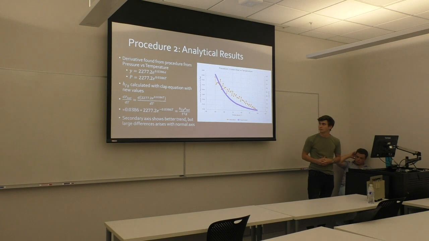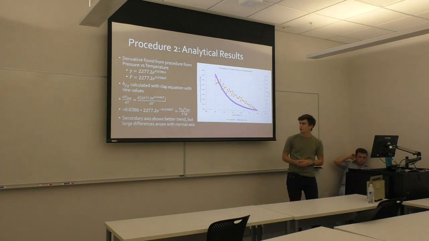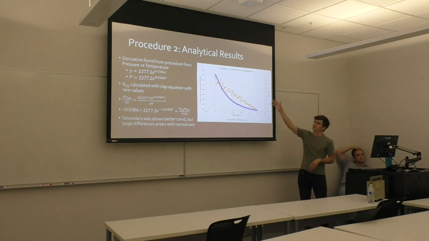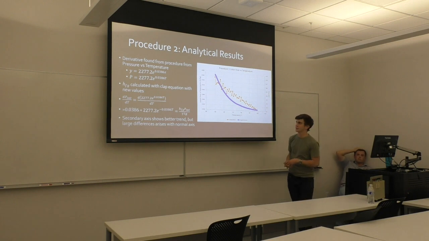Then the latent heat of vaporization was calculated with the Clapeyron equation again, using these new values. Using that in Excel with the bottom equation right there, we got weird looking data. As you will see in the original one, I had to add a secondary axis in order to better view the trend line of the data itself.